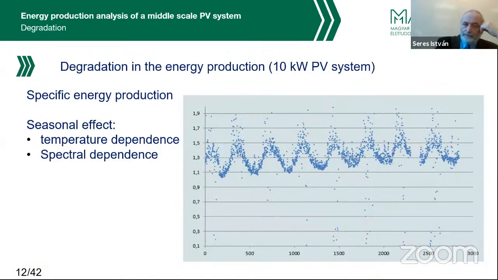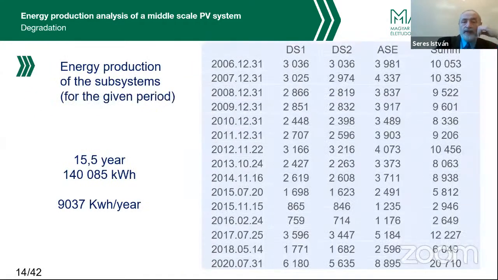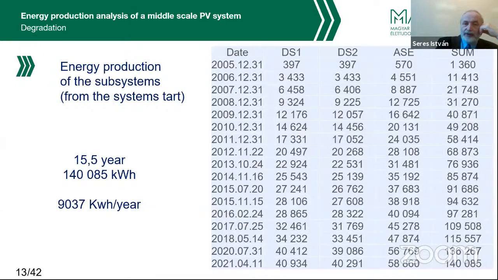And so as you see, we did some measurement and we made some yearly analysis of the data, how much energy was produced from year to year. At the beginning, it was very regular. I mean, at every end of the year, I was coming here.